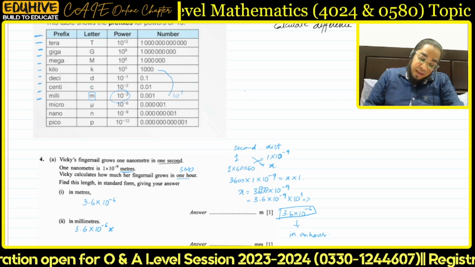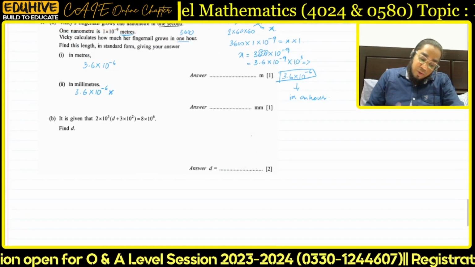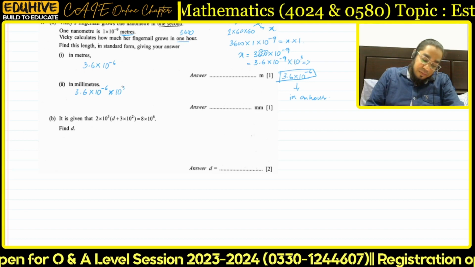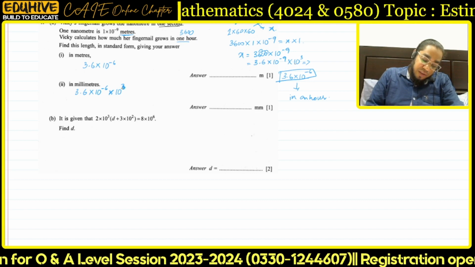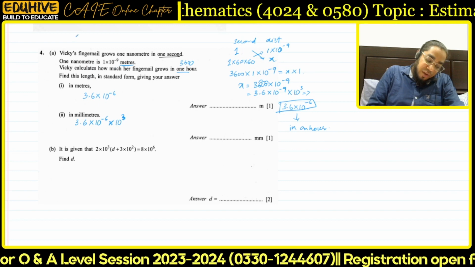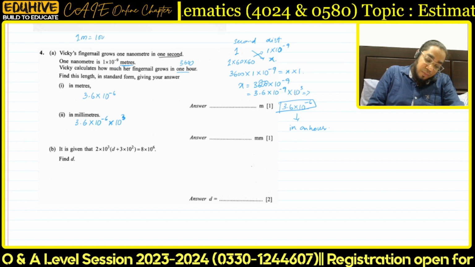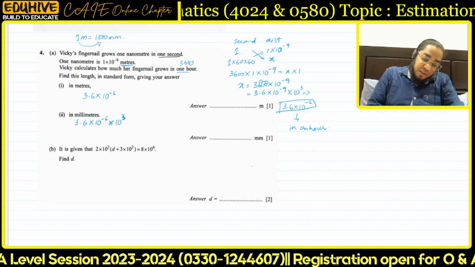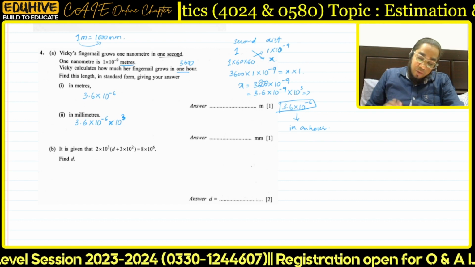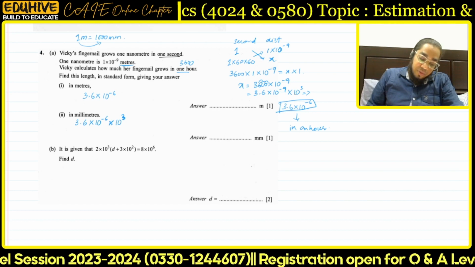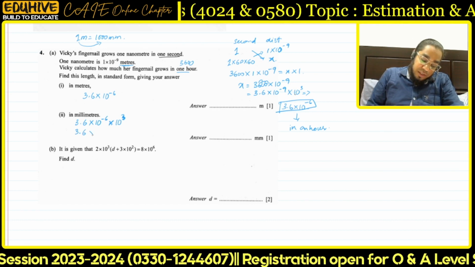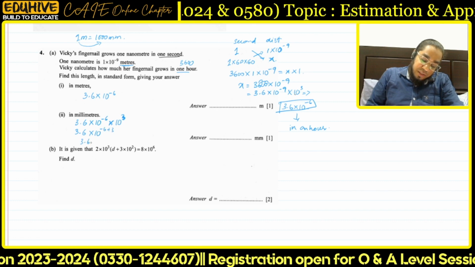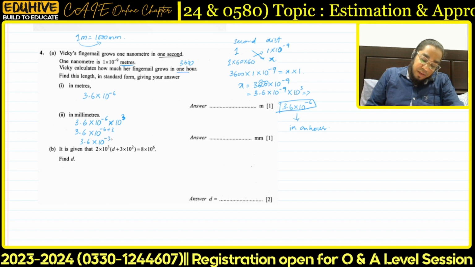I'm going to multiply that by 10 to the power positive 3, because 1 meter is equal to 1000 millimeters. So I'm converting this into this. It means I'm going to the smaller unit, so I'm gonna multiply it by 10 to the power 3. So it's gonna be 3.6 into 10 to the power minus 6 plus 3. That means 3.6 into 10 raised to the power minus 3 over here.